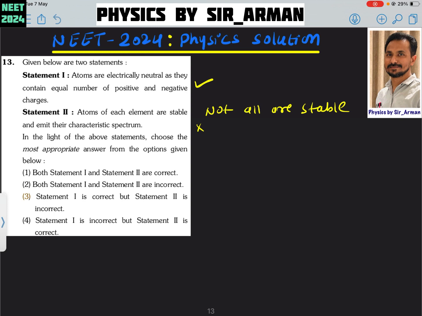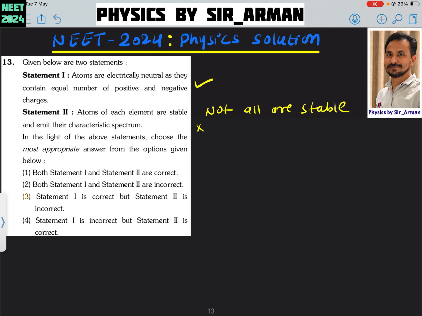If you look at atoms of higher order or very lower order, these atoms are not stable. If you check at the chemical level, sodium is very unstable. It may blast when it comes in contact with water.